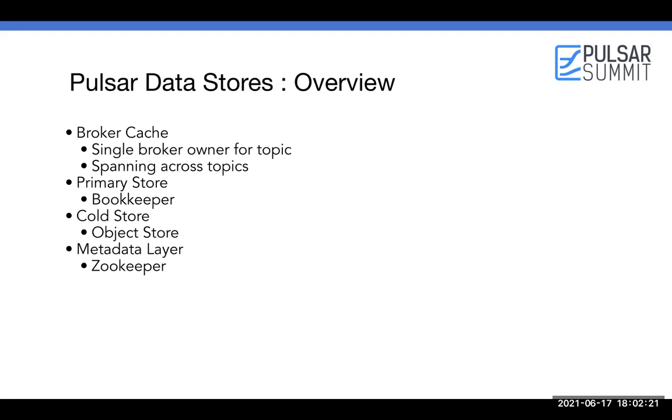We will go into those ownership semantics going ahead again. So like I said, broker caches some data. Your primary store is Bookkeeper. You can also offload your old data to an object store, which can be different things. And the metadata layer is Zookeeper.